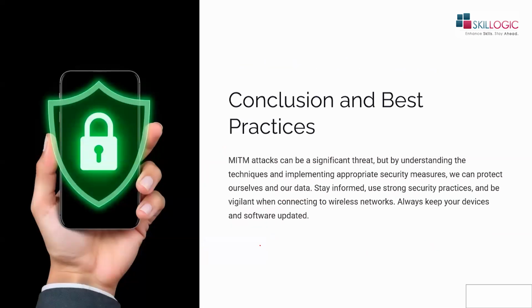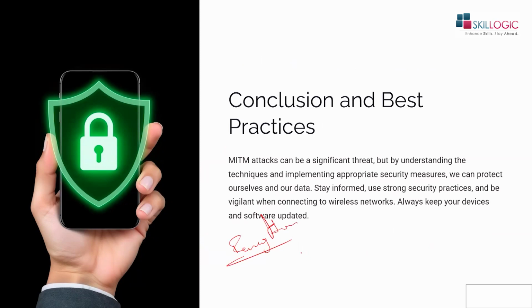So, the conclusion and the best practices we have given. MITM attacks can be a significant threat, but by understanding the techniques and implementing appropriate security measures, we can protect ourselves and our data. The first thing we need to do is encrypt everything.